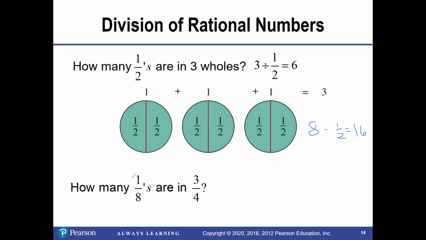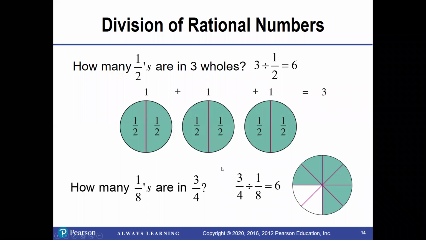Same thing. It says how many 8s are there in 3/4? So, how many 8s are there in 16/4 or in 3/4? Well, there's 6 of them. If you divide this thing up into fourths, so there's one, this would give you your fourths.